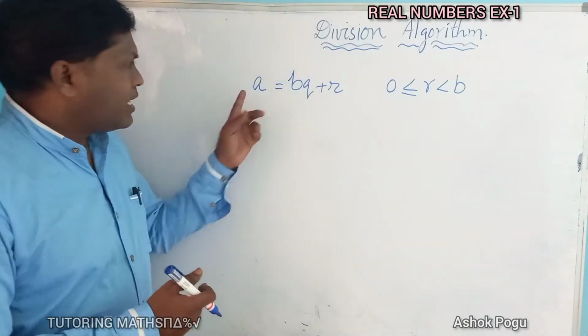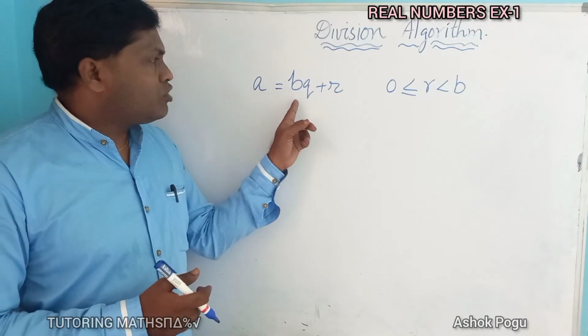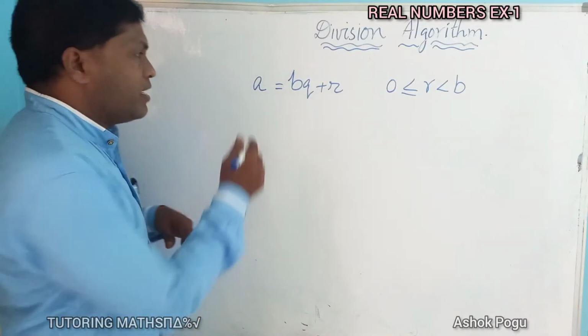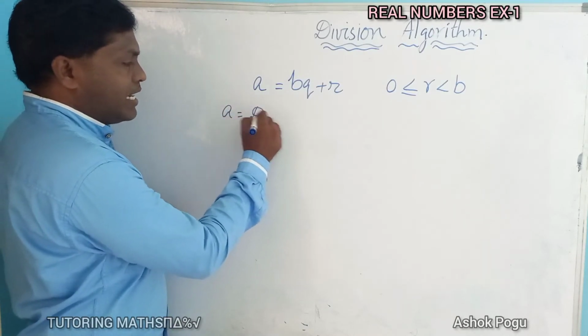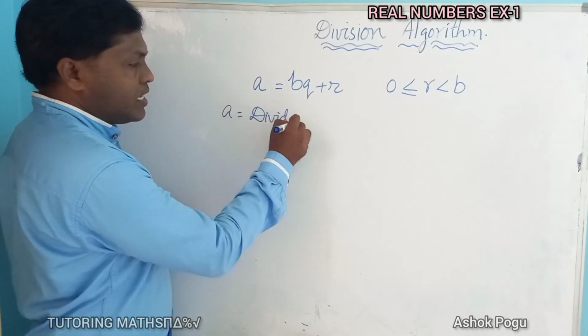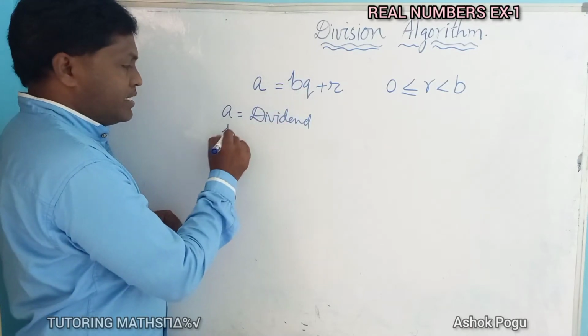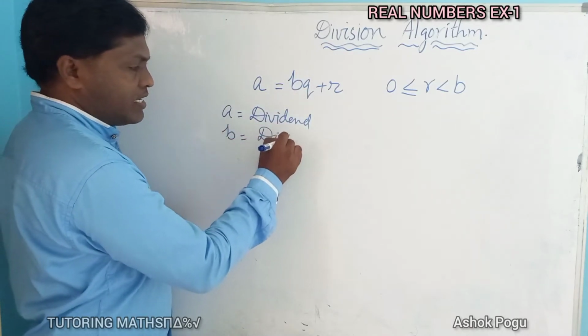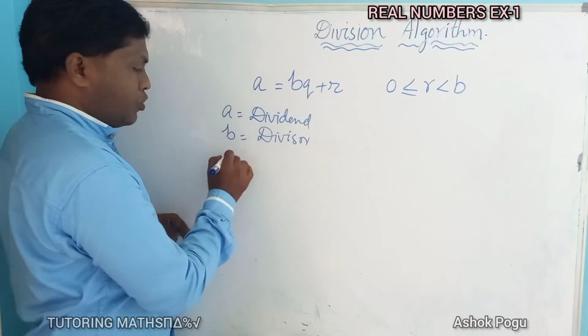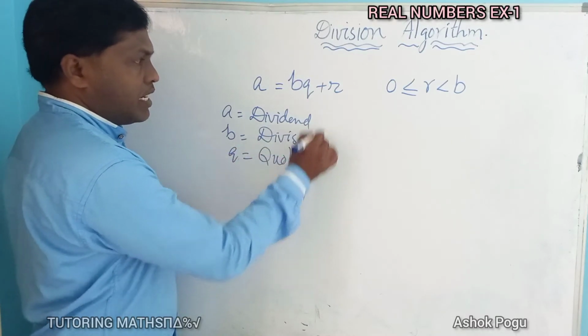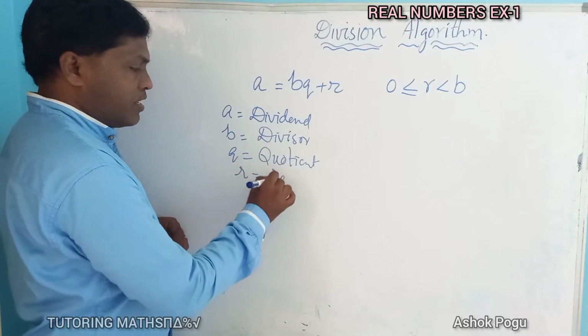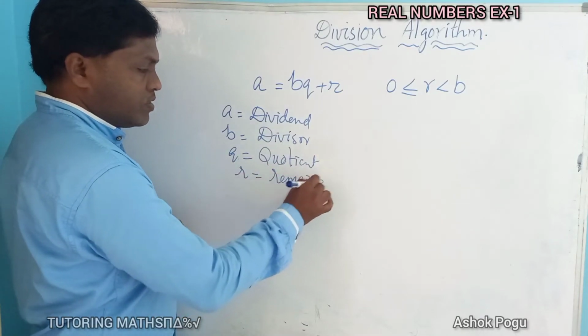You know that a = bq + r. Here a is the dividend, b is the divisor, q is the quotient and r is the remainder.